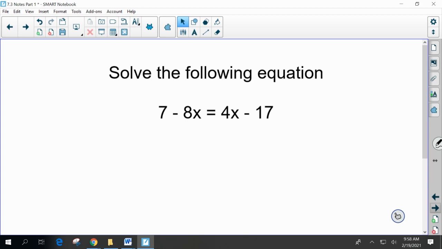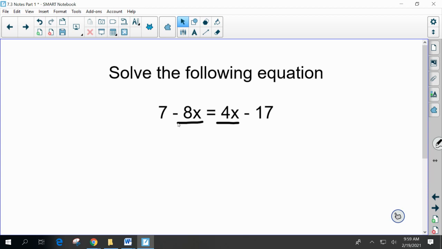So what I look at is which x is smaller. You have a negative 8x and a positive 4x. Which one is less? The negative 8x. Negative 8 is smaller than 4. So then I move my smaller x over to my bigger x.